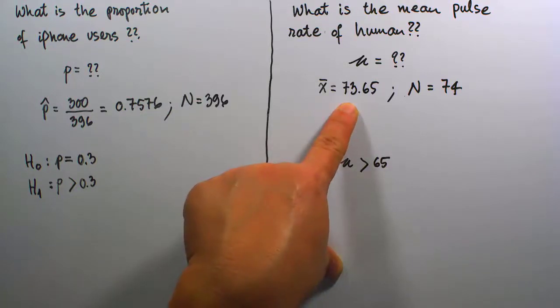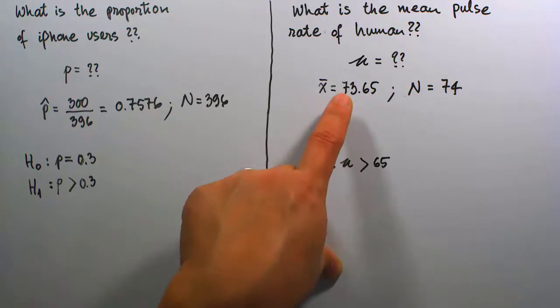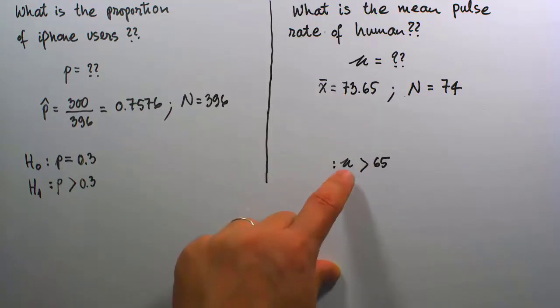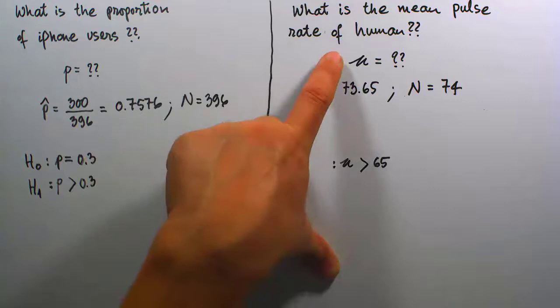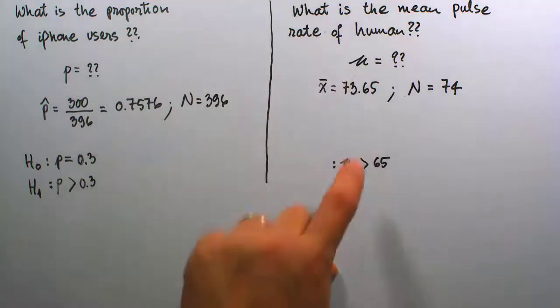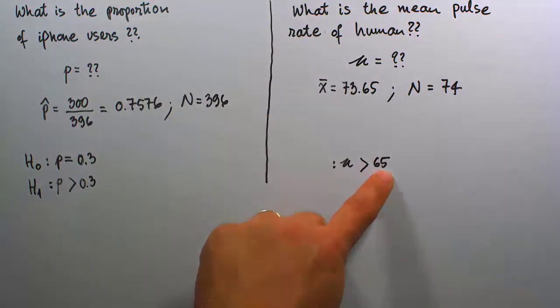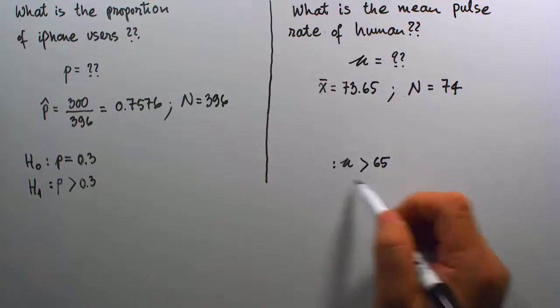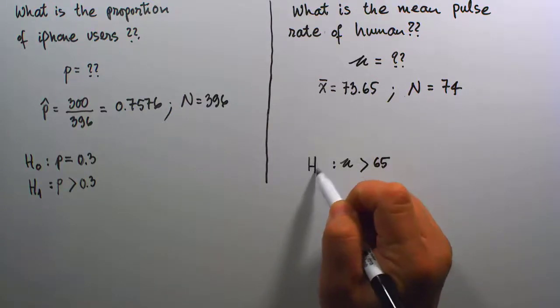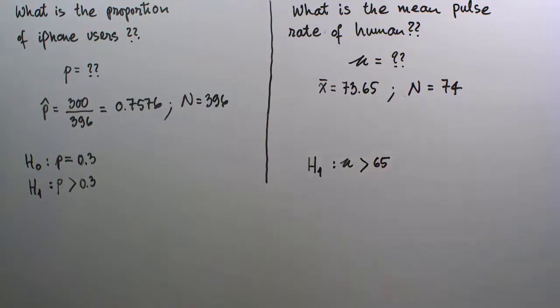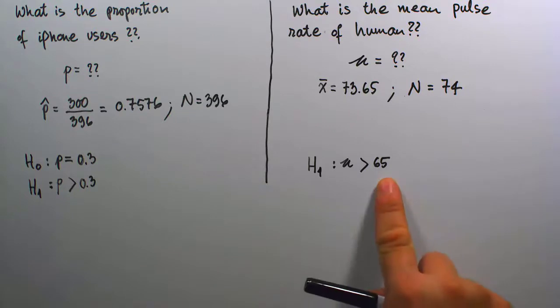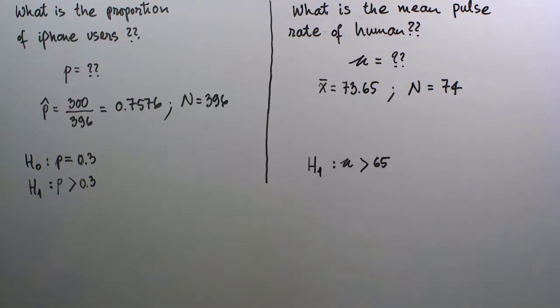We're trying to prove, or make a counter argument, that the population mean should be generally above 65. So this statement deserves its place as an H1, the alternative hypothesis. And that's how we recognize our alternative hypothesis in this problem, right out from the wording.